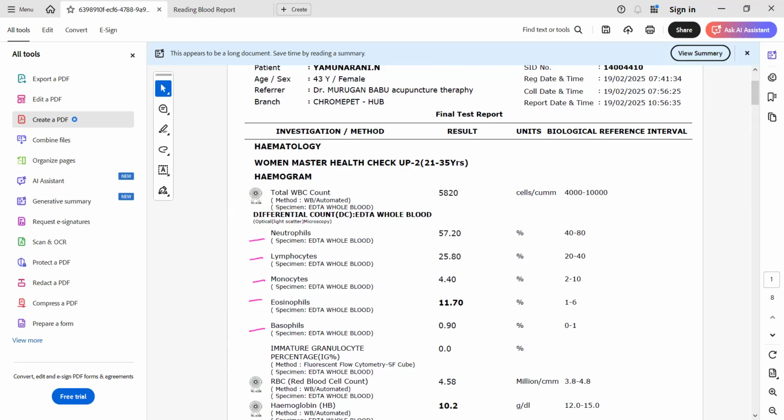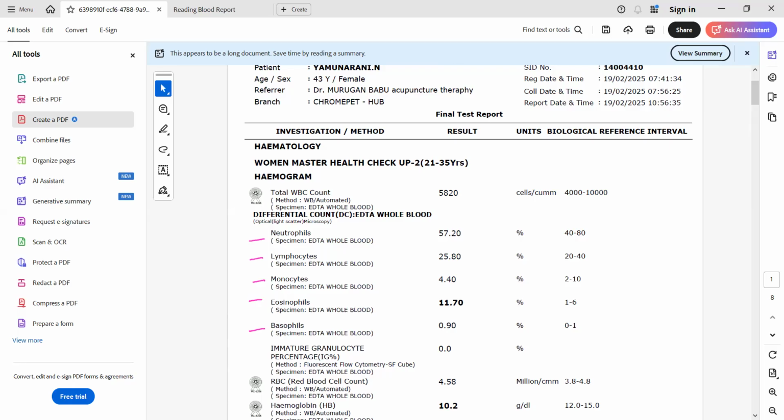And if it is beyond a certain level, 50, 60, 70%, then we should suspect leukemia. Leukemia is blood cancer. Like polycythemia is for RBC, leukemia is for WBC. Excess production than the normal.